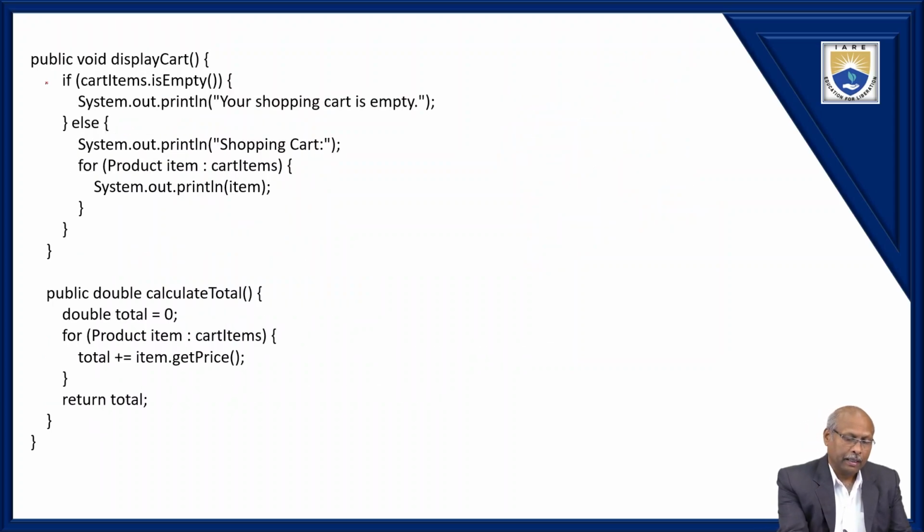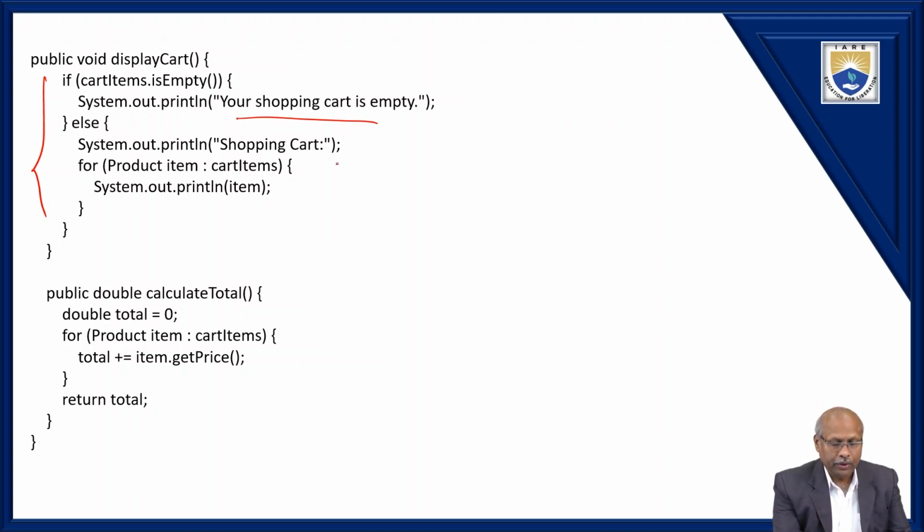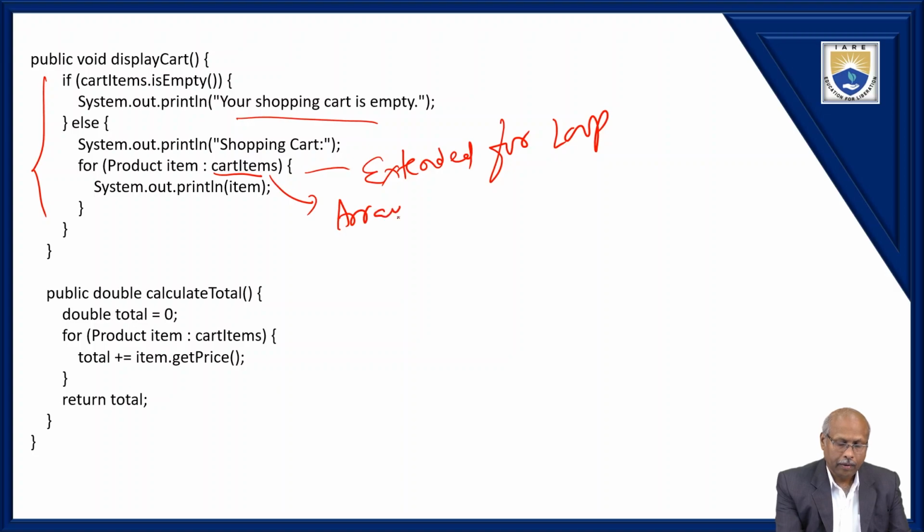Then you can display the items of the cart. If it is empty, then you say shopping cart is empty. Else you display one by one using an extended for loop. Get one by one from the cart item. This is my ArrayList. From the ArrayList, get one item at a time.